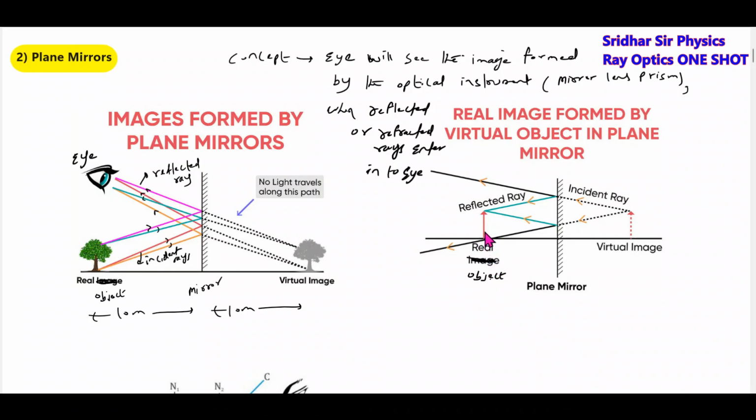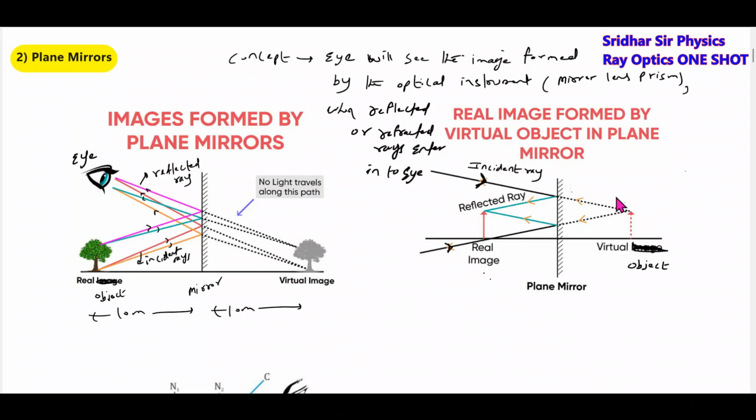The rays emitted by it will fall on the mirror and will get reflected. Similarly here, like this. Then we can trace like this. There's a reflected ray.